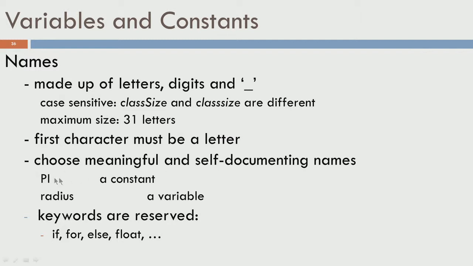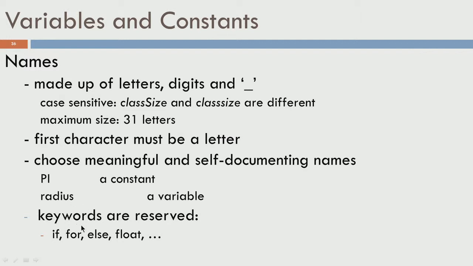For instance, let us say I want to use pi. Pi is a constant, it is not going to change its value, it is going to be 3.141 and so on. Usually constants are given names which are all capital letters, whereas variables are given names which are usually a mix of lowercase and uppercase letters.